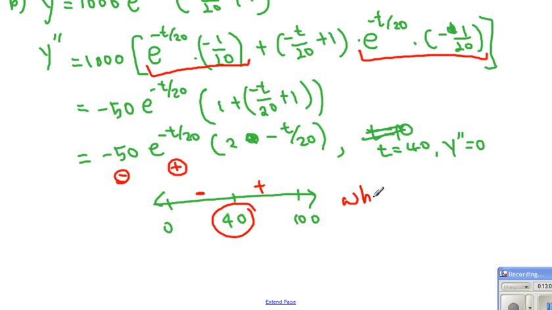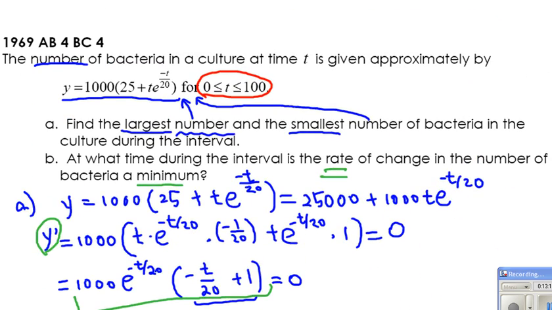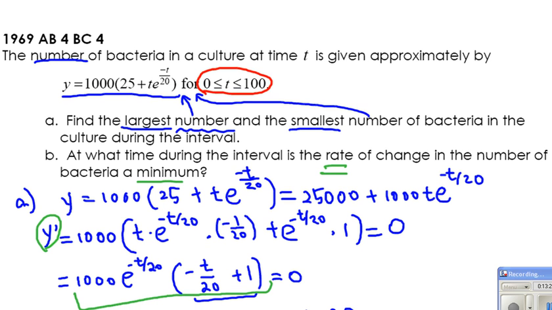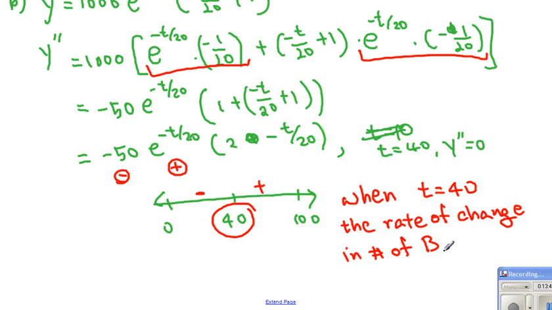So, when t equals 40, I believe in this case the unit is not given, when t equals 40, the rate of change in number of bacteria is the minimum.